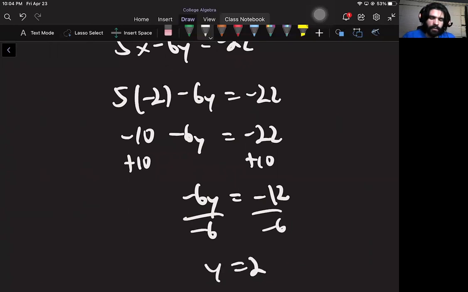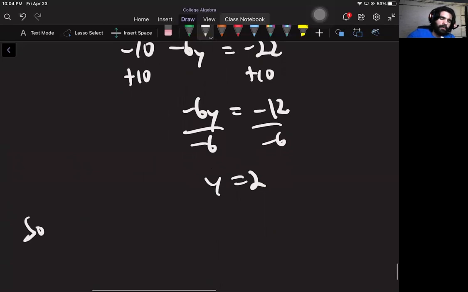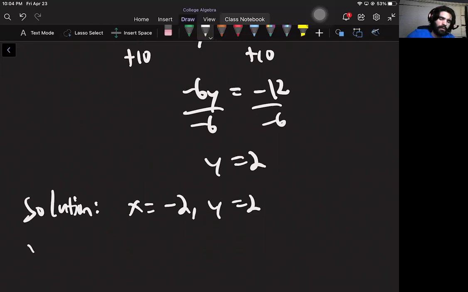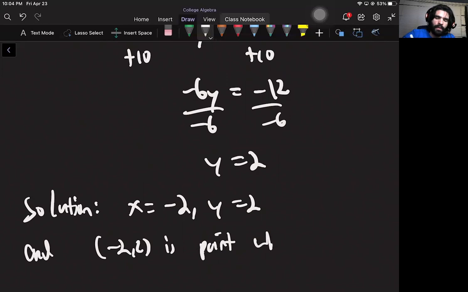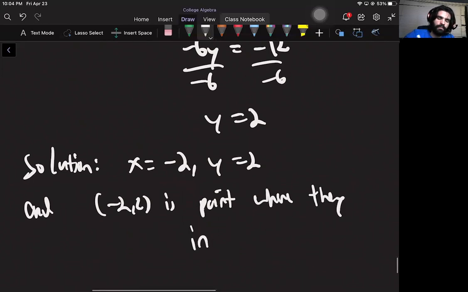So we get y equals 2. So the solution is x we had as negative 2, y equals 2, and also negative 2 comma 2 is the point where they intersect, or where they cross. So that's elimination.